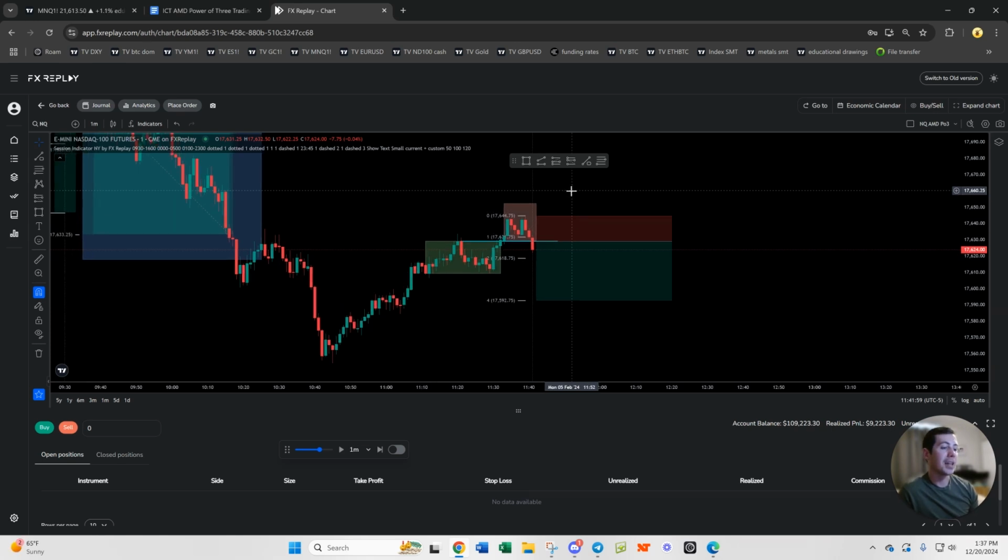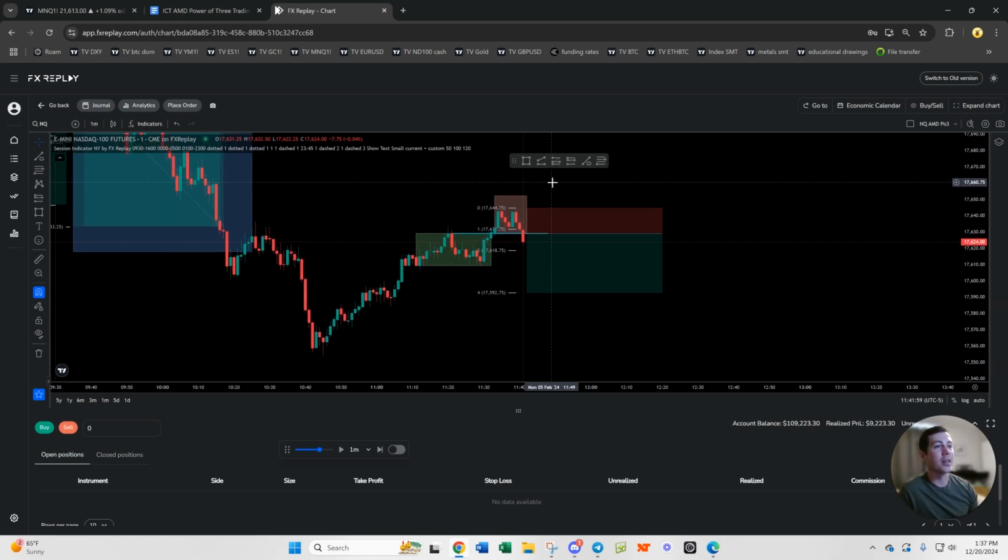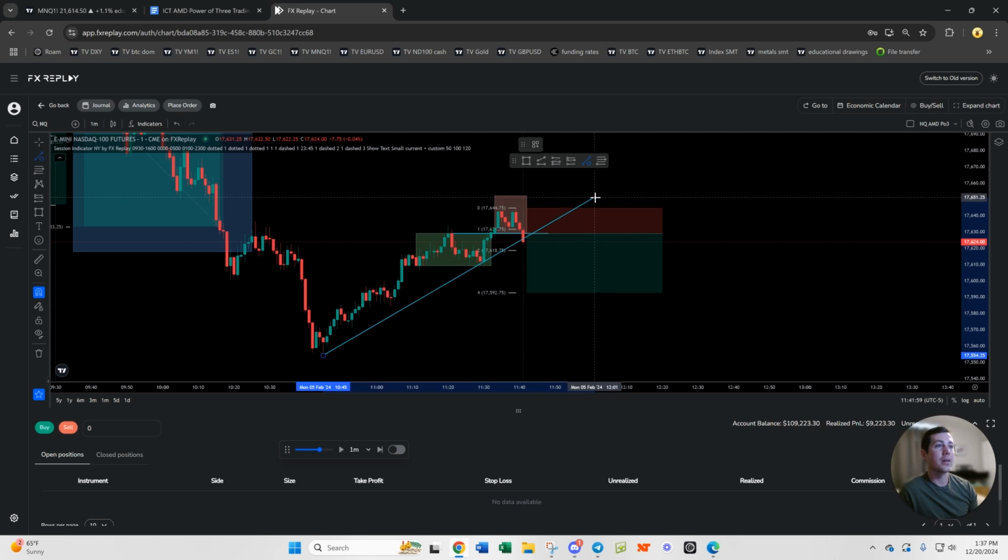And then LRLR is another concept, low resistance liquidity, aka trendline liquidity. If you think about it, all of these lows here are going to be places where a lot of people put obvious stop losses. They want to see, we are potentially in an uptrend here, and if we get a break of this structure, then I'm out, we've shifted order flow. So you're going to see resting stop losses at all of these lows.